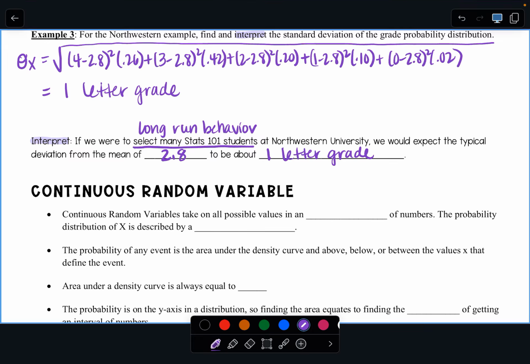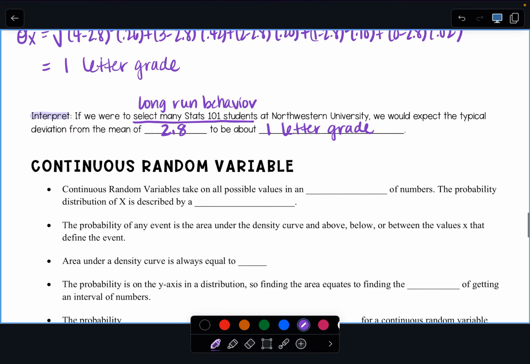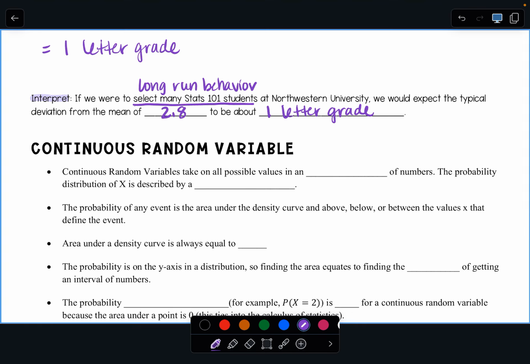Don't forget to include units for any interpretation sentence that you are writing, other than if you're finding a probability, that's just a percentage.